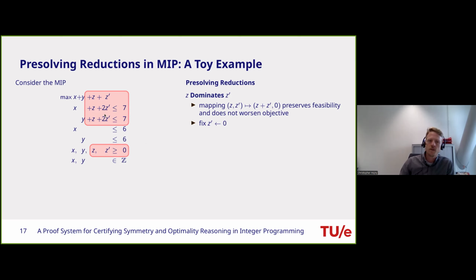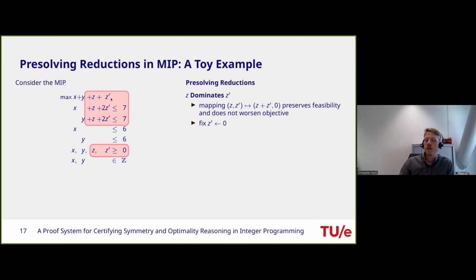So the possibly larger amount, 2 times z prime, is reduced to only z. The solution stays non-negative, because 0 is, of course, non-negative, and we had non-negative numbers beforehand. So z plus z prime is also non-negative.